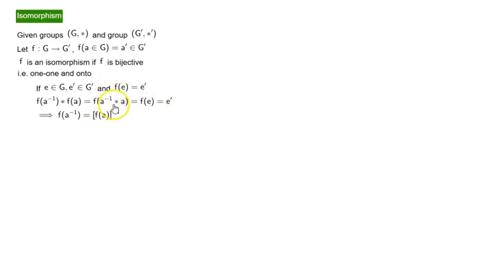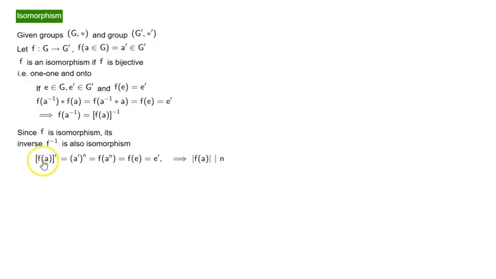Because A inverse times A is E. And this implies that F of A inverse is equal to F of A, the whole inverse. Now, since F is an isomorphism, its inverse, that is F inverse, is also an isomorphism. Remember, F is one-to-one and onto. So in the reverse direction also, it will be the same.